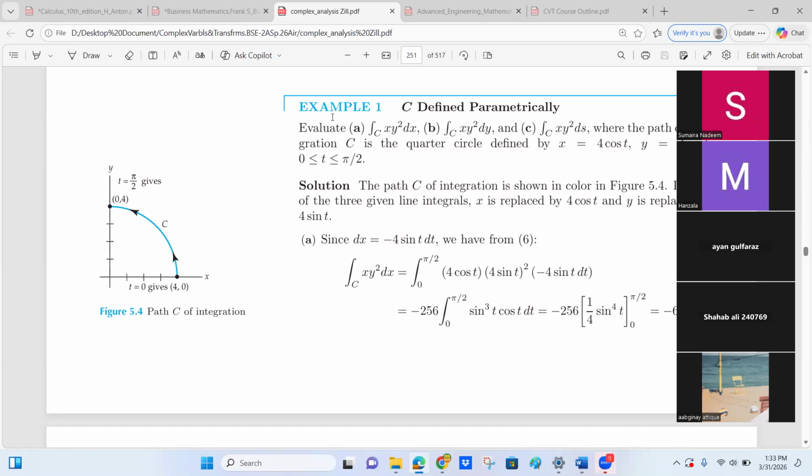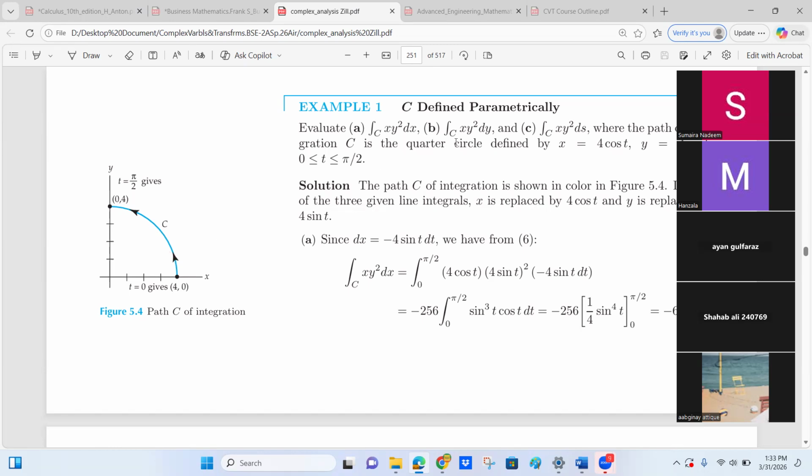Okay, fine. This is example number 1 of chapter number 5, before exercise 5.1, C defined parametrically. Now student, this is the discussion about the line integral, and there is also the direction of the line.